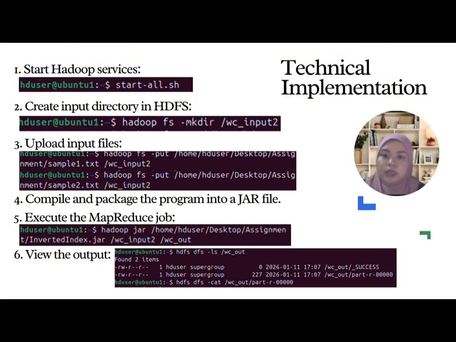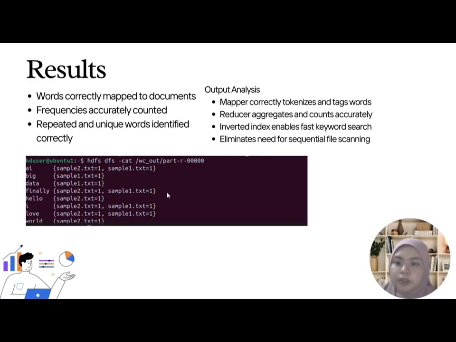Fourth, the Java program is compiled and packaged into a jar file for execution. Fifth, the MapReduce job is run using the Hadoop command, which executes the mapper and reducer phases across nodes. Finally, the output is viewed in HDFS, showing the words mapped to their respective files along with their frequency counts.